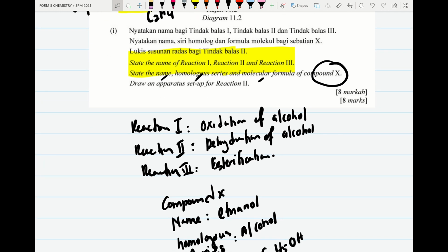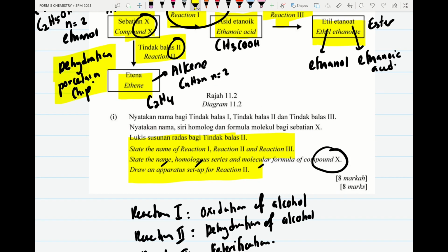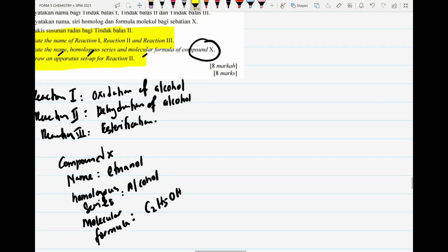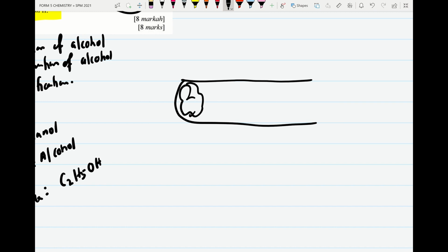Next question: they want us to draw and label the apparatus for reaction number 2. This is the dehydration process of ethanol. How to draw it: we draw the boiling tube and take the cotton wool. Here I put cotton wool soaked with ethanol solution.